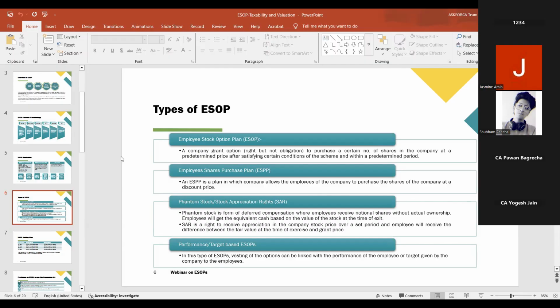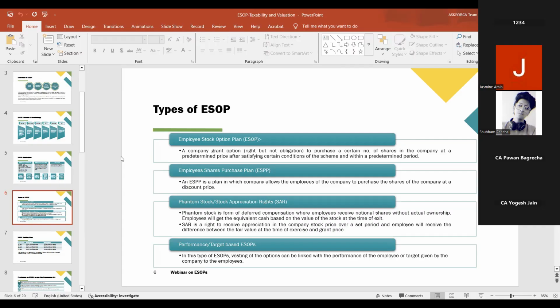In phantom stock and SAR, you will get notional shares, and for the increase in the value of the shares, the company will pay the difference in cash.